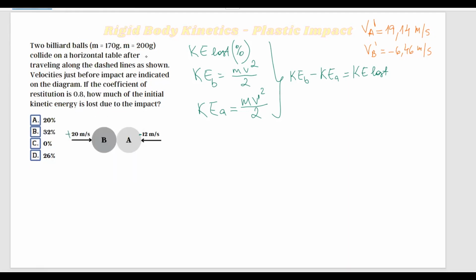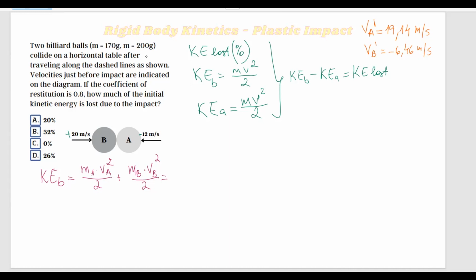Okay. Now let's calculate the kinetic energy before the impact. So we have talked about the fact that the formula for kinetic energy is mv squared over 2. So the kinetic energy before impact, we're going to have MA multiplied by VA squared over 2 plus MB multiplied by VB squared over 2. And this is going to be MA equals 170 grams.